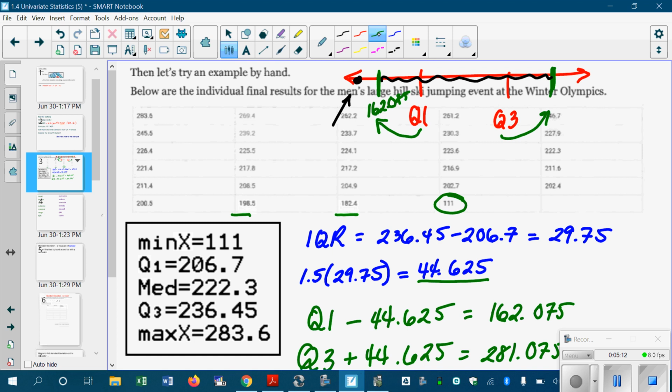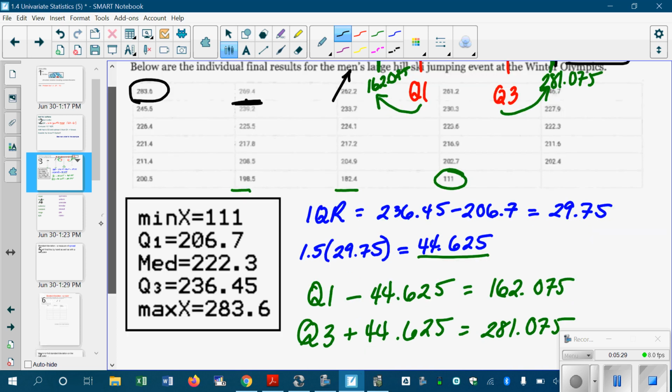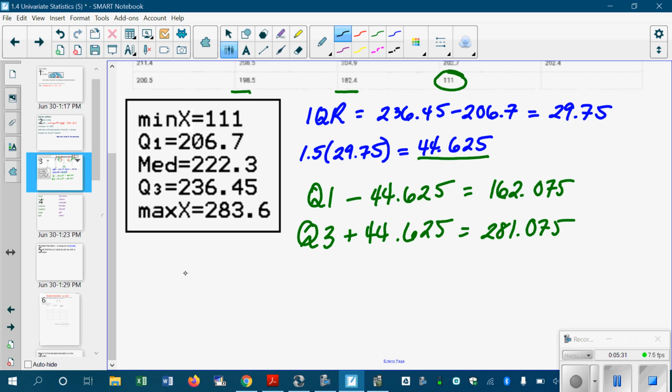And then over here I have 281, and I want to know, do I have any data that is higher than that? And it turns out I do. I have this data point. Oh, that one makes it. That one would be inside of the fences. Okay, so I have two outliers, my smallest and my largest value.